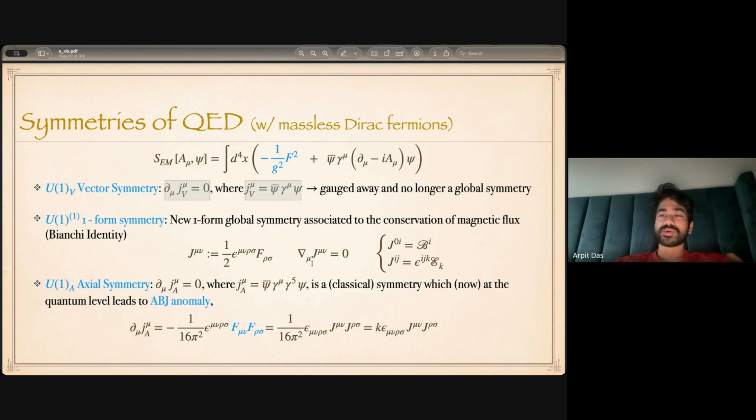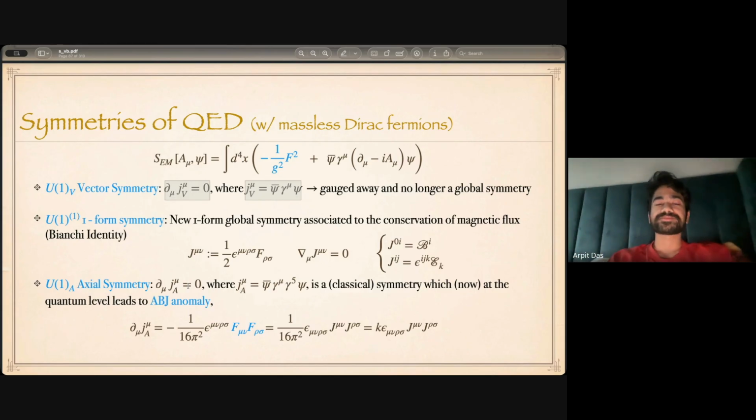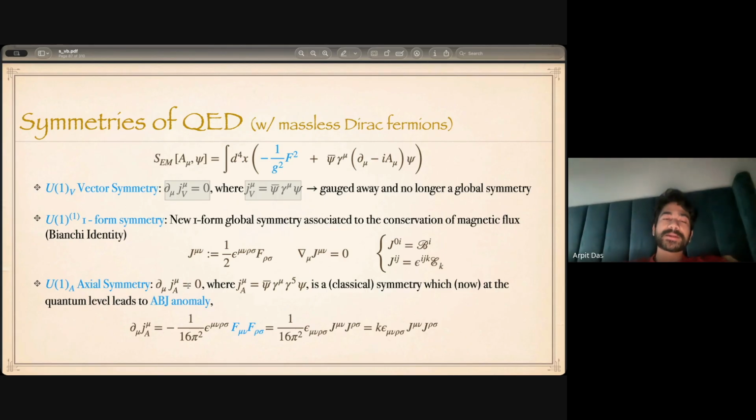So when you do psi to e to the power i alpha gamma 5 psi, where gamma 5 takes care of the axial rotations, you see that the path integral measure fails to be invariant. And that non-invariance is picked up as the non-conservation of this axial current. So a symmetry at a classical level no longer remains true at a quantum level. And that's what an anomaly normally is.